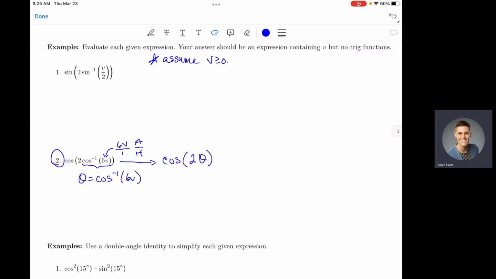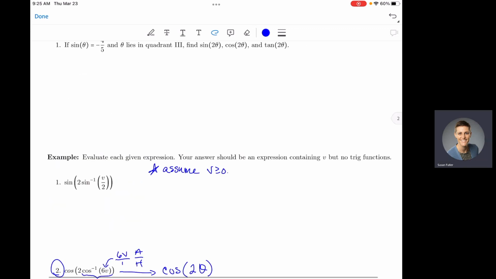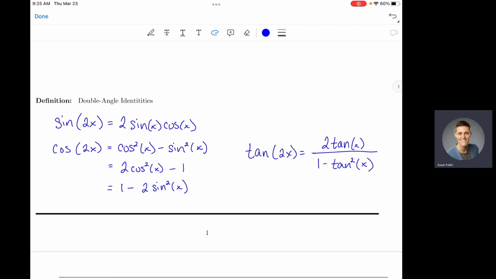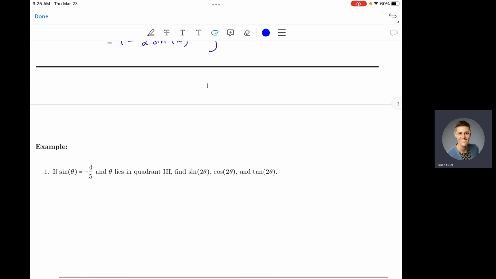Well, the cosine of 2 times that angle theta, I know how to do that. In order to find that, I'm going to come to my double angle identities and I'm going to use one of these guys. To find the cosine of 2 theta, you can use any of the 3 of these forms. You can choose the form that is the most convenient for you.